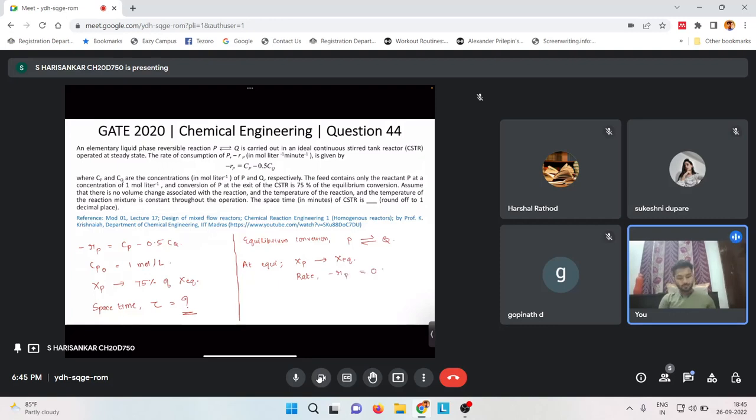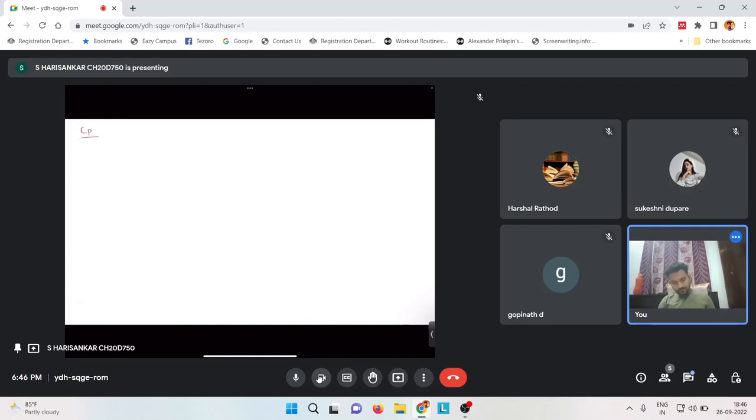So we have the rate equation Cp minus 0.5 Cq, and this will be 0 at equilibrium. Now we can rewrite this as Cp by Cq is equal to 0.5.